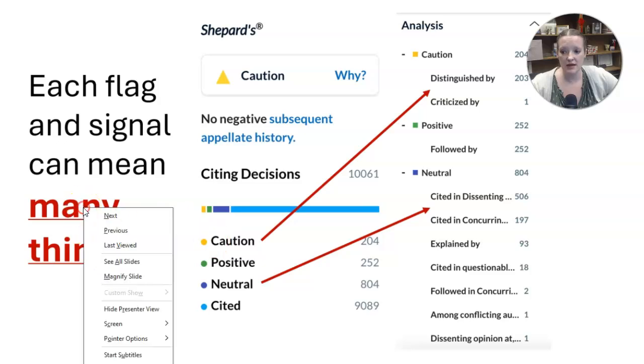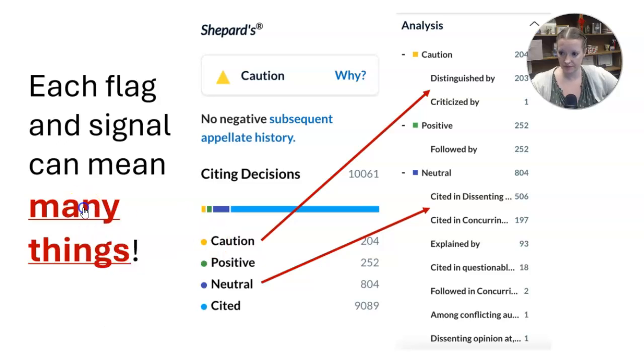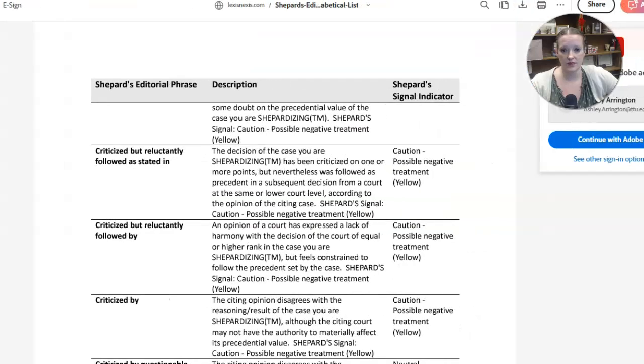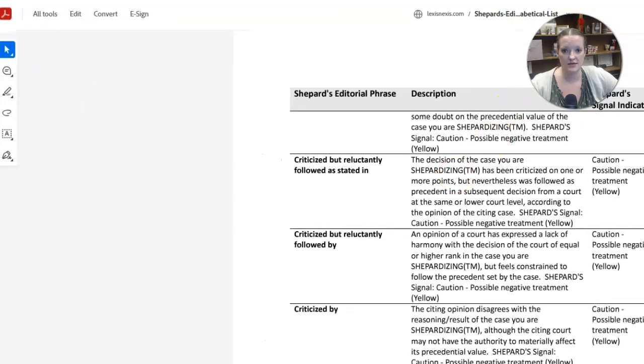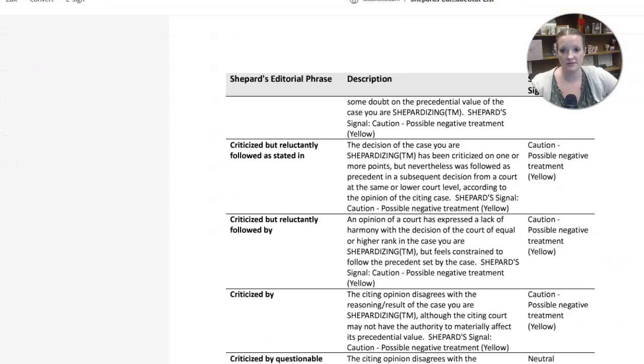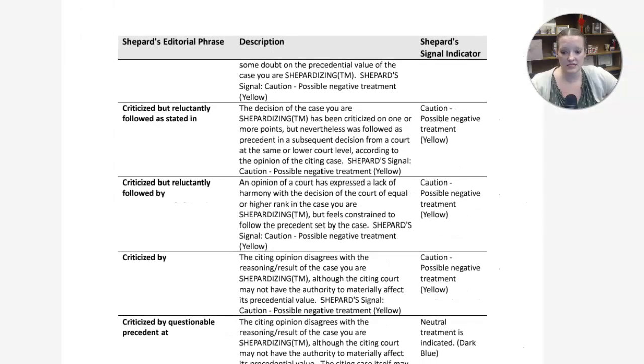So let's look at an example of what some of these could mean. So this is an example from Lexis, right?